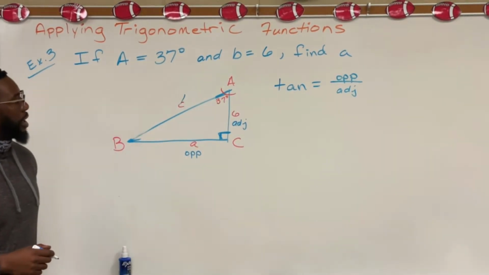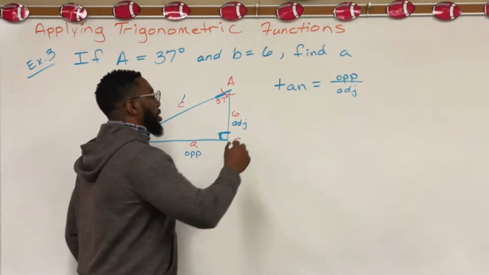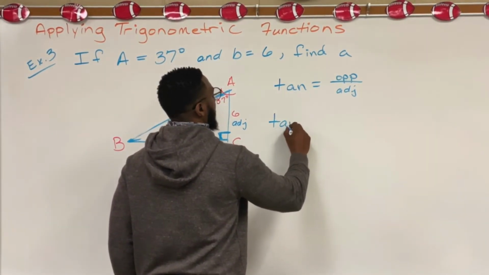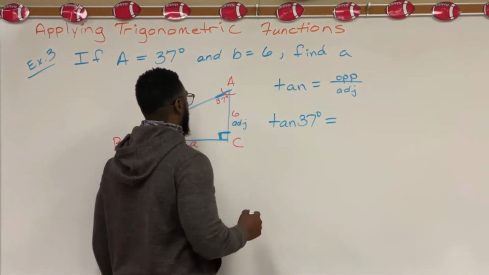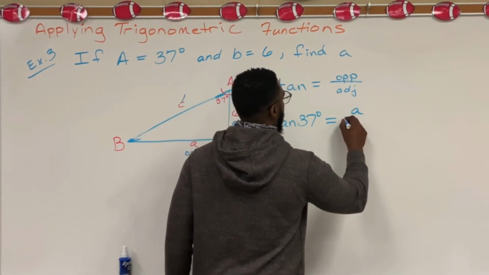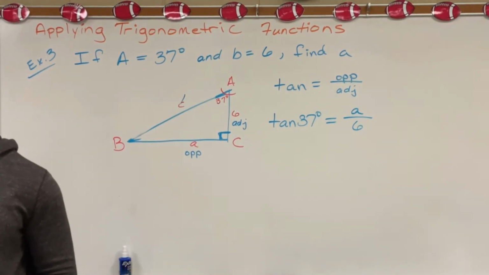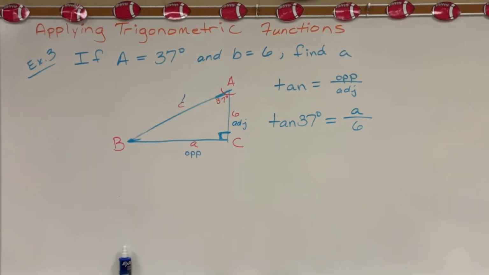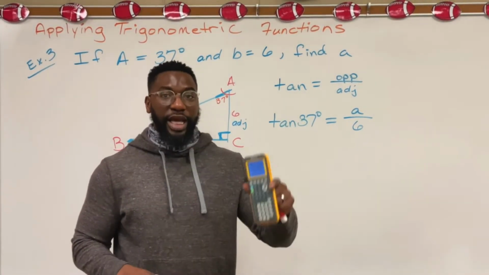All right? So we have 37 degrees. The tan of 37 degrees equals A over 6. Once again, get calculators.